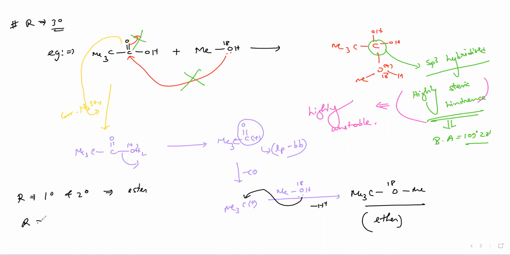But when R is 3°, then we get ether. Any doubt regarding this part? Tell me. Do you have any doubt? This stuff is clear for all. Okay, the mechanism is clear.